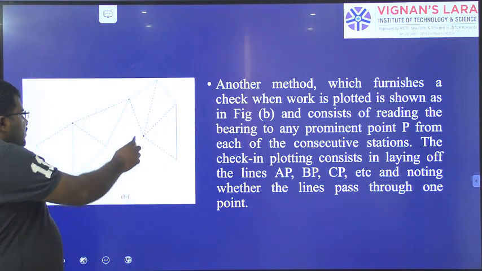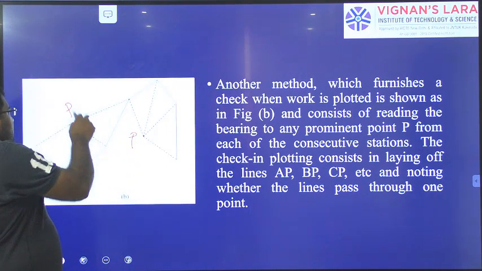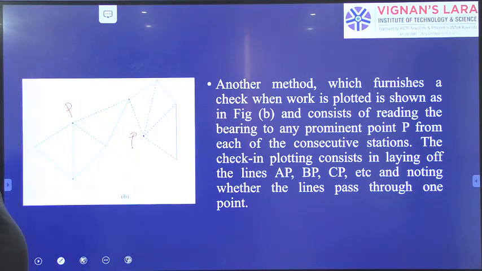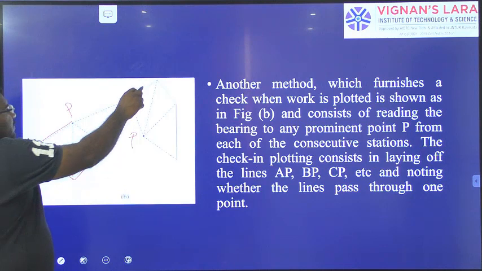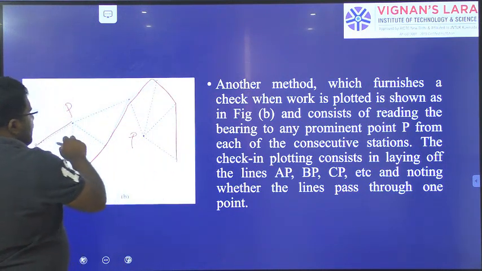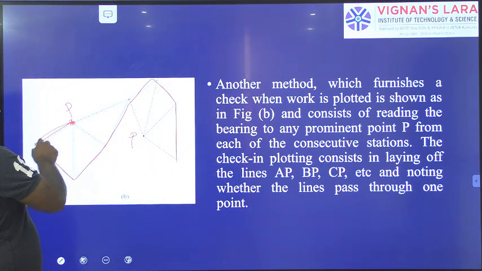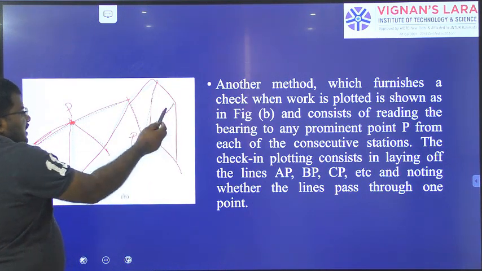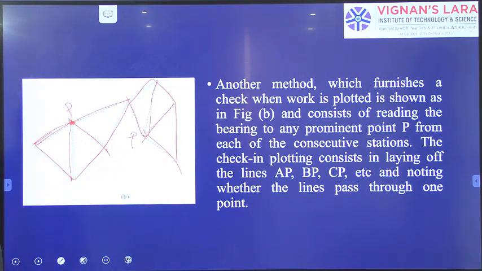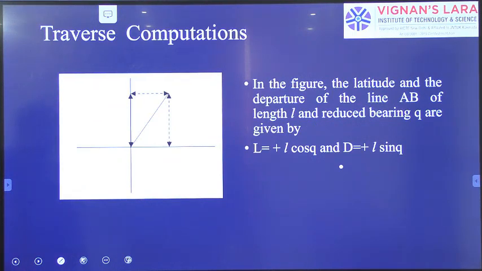If you take one point P, the lines should meet at the same point. This is actually the traverse, and from this point we check whether the stations are placed rightly or wrongly. Next, we have the traverse computation.